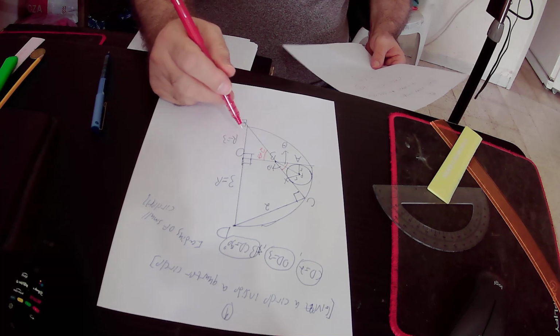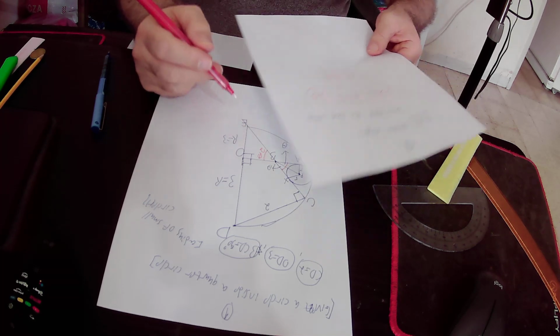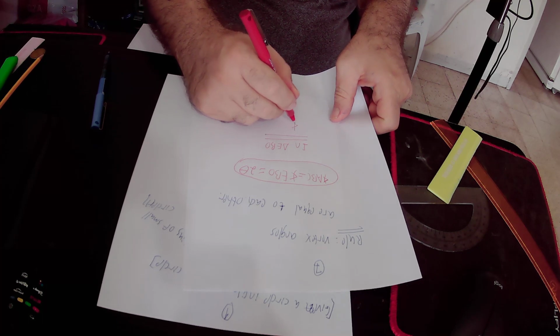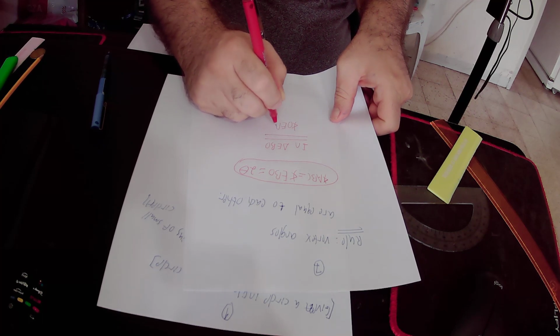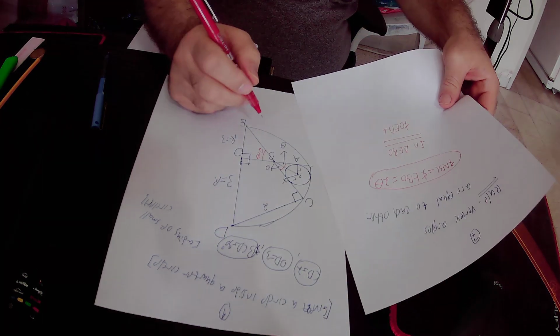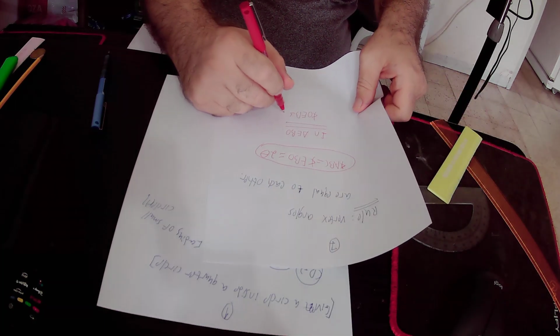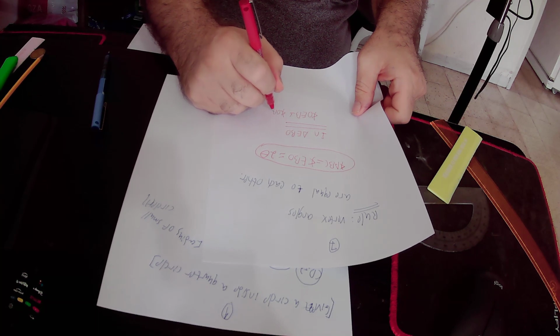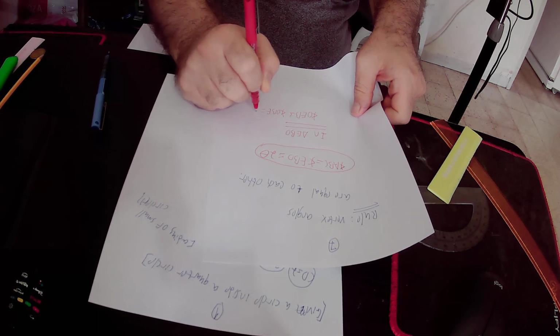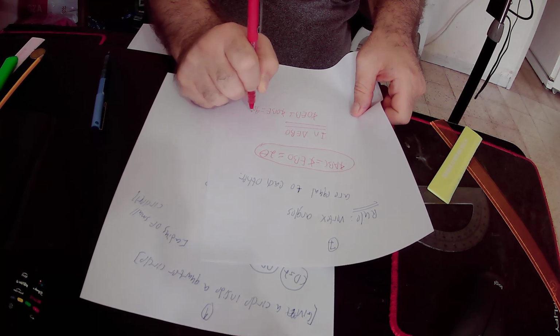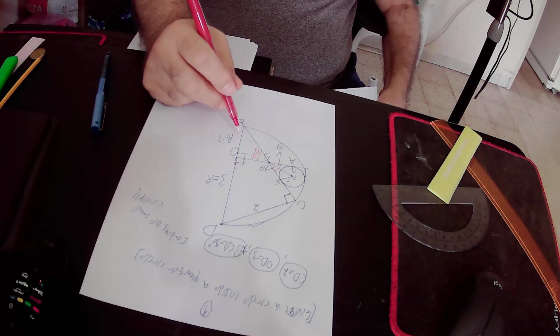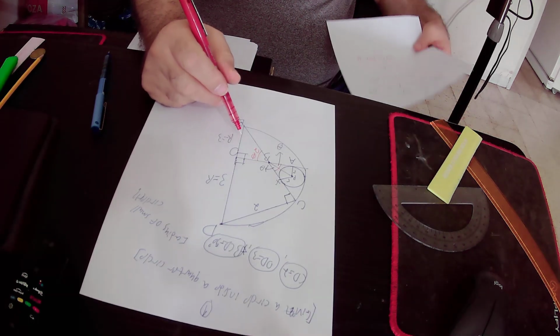So angle OEB plus angle OBE must be equal to 90 degrees.